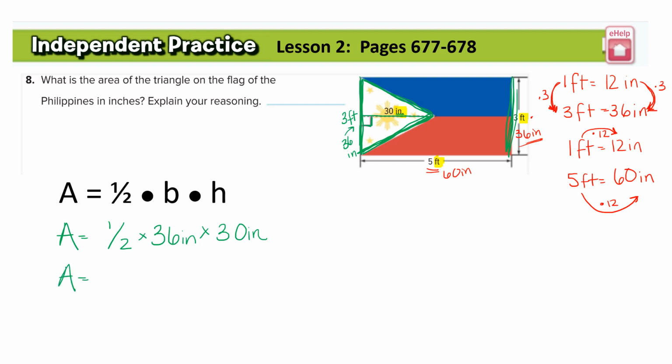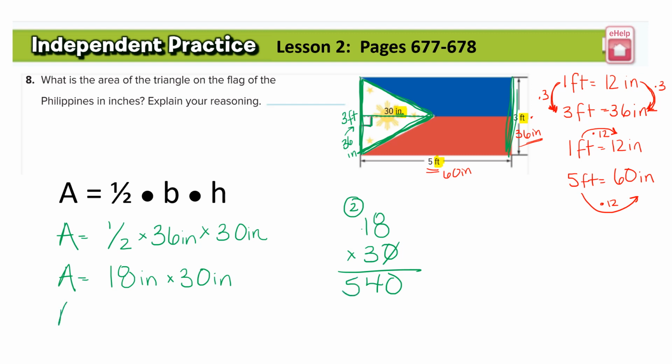All right, now I can solve. Area equals 1/2 of 36 equals 18. So I write 18 inches times 30 inches. And we have 18 times 30, 0. 3 times 8 is 24. 3 times 1 is 3 plus 2 is 5.